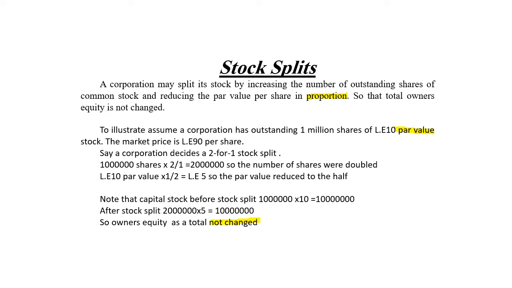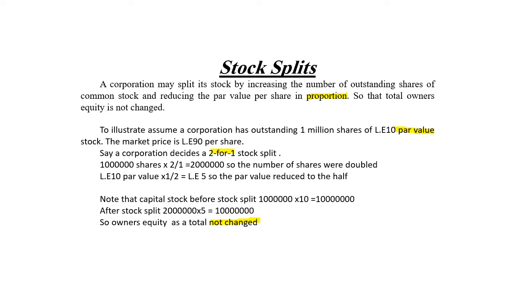To illustrate, assume a corporation has outstanding 1 million shares, 10 LE par value, market price per share is 90 LE. Say a corporation decides a 2-for-1 stock split. Here the ratio, the proportion is 2-for-1.